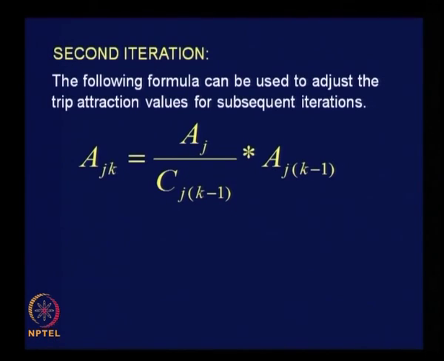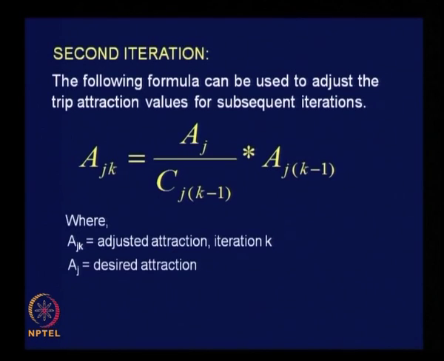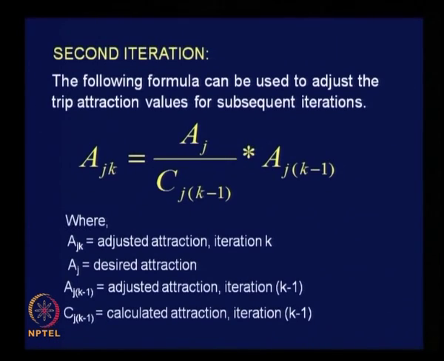We say Ajk is equal to Aj divided by Cj(k-1), into Aj(k-1), where Ajk is the adjusted attraction pertaining to iteration k; Aj is the desired attraction, which was originally the input for the model; Aj(k-1) is the adjusted attraction pertaining to iteration k-1; Cj(k-1) is the calculated attraction as per iteration k-1.